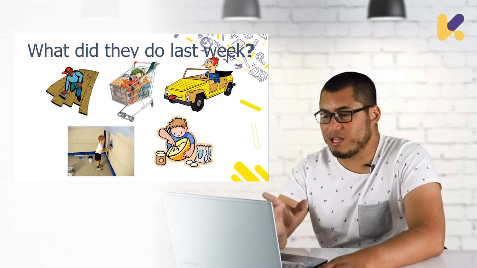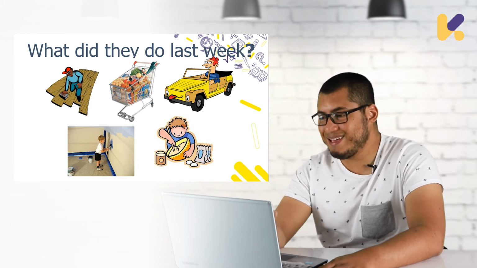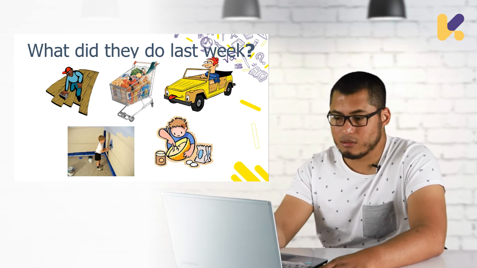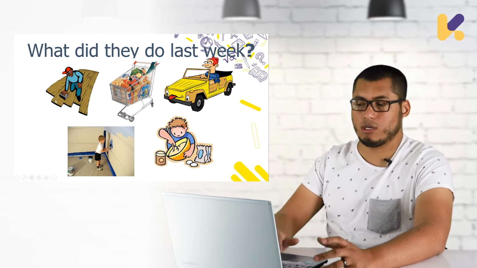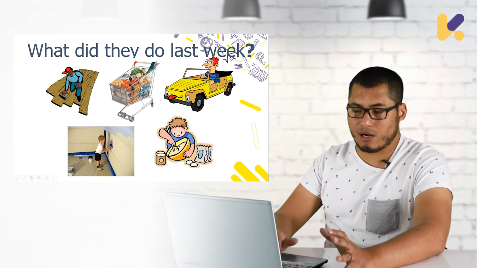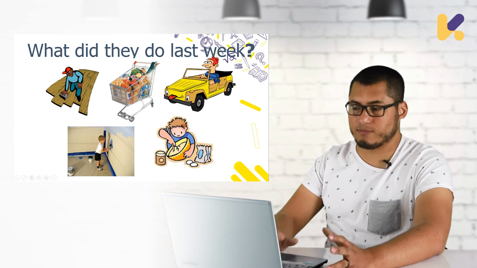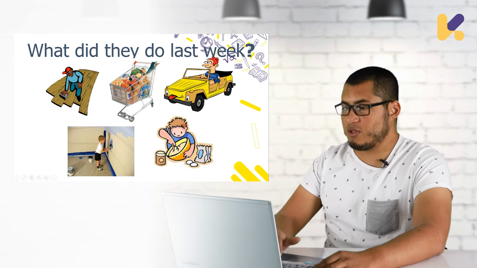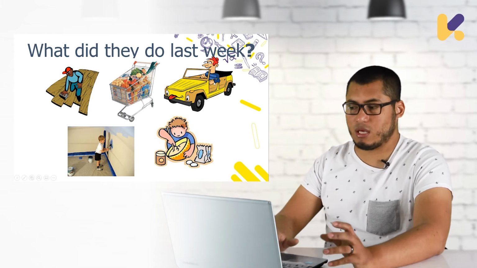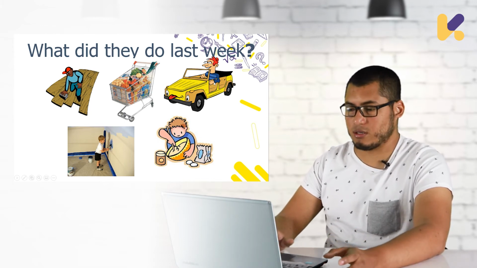What did they do last week? ¿Qué hicieron ellos la semana pasada? Well, the first guy, he worked. Someone here, a family, went shopping or grocery shopping. This guy here, he drove his car.